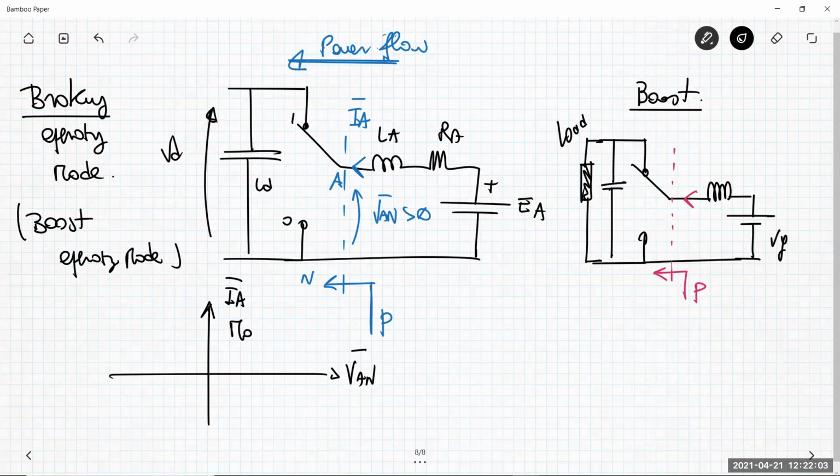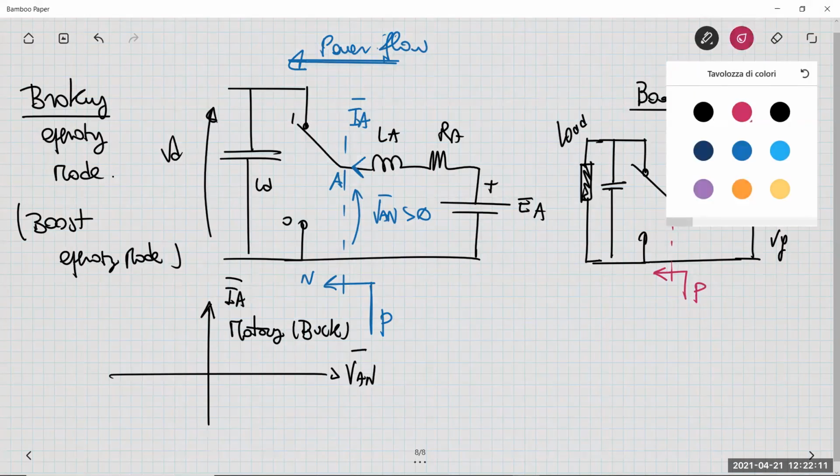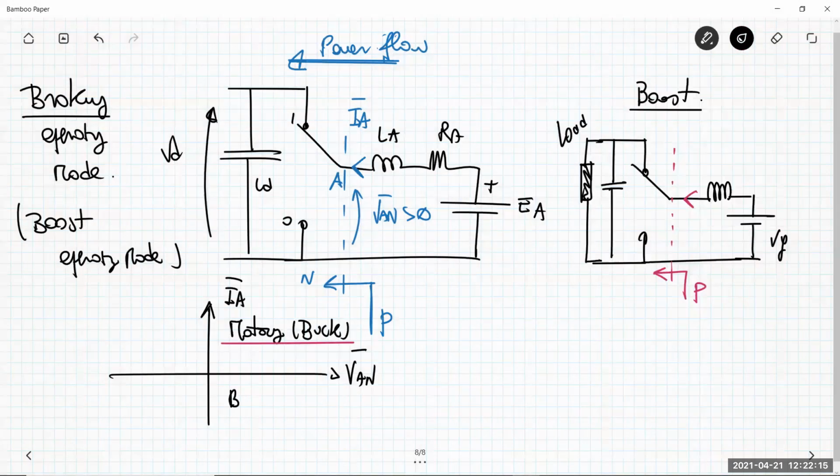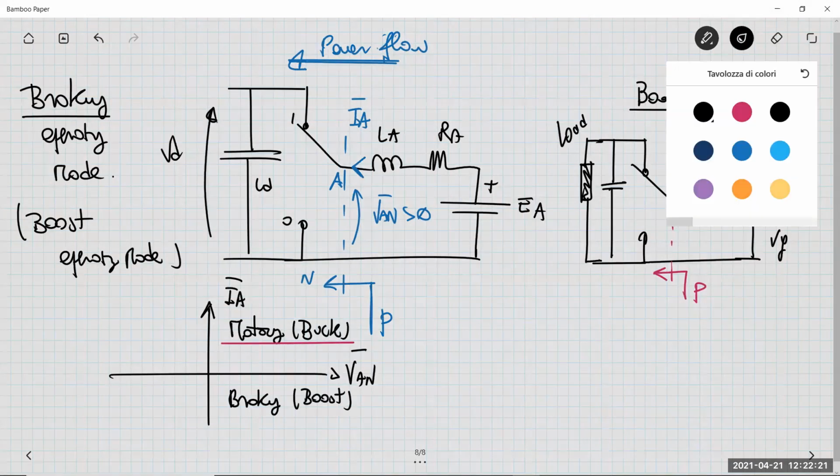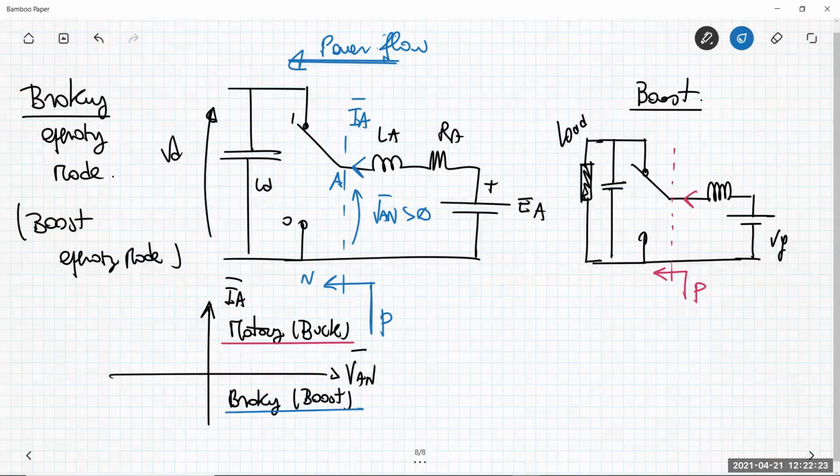So this is the motoring or buck operating mode, or you are in the braking or boost operating mode if you are operating in the fourth quadrant where the current is negative.